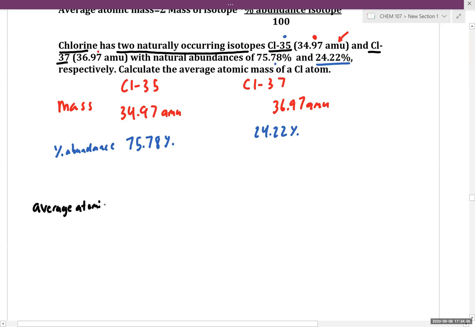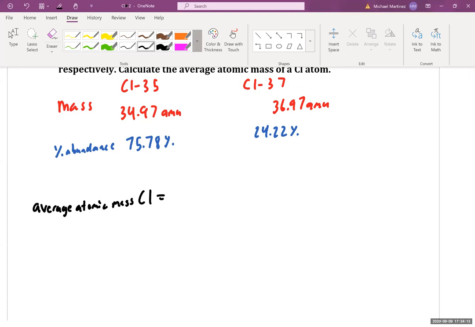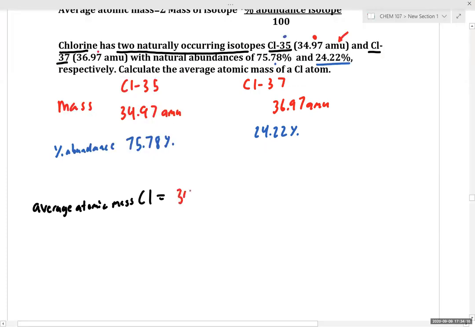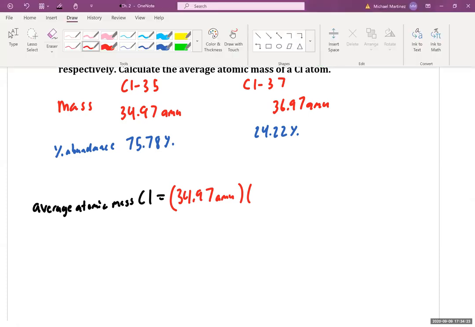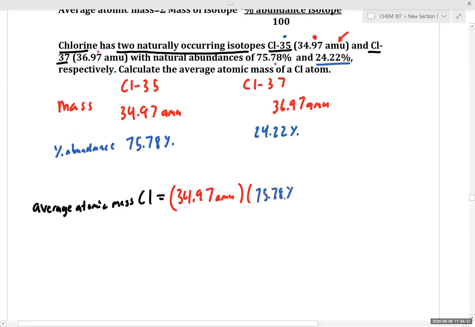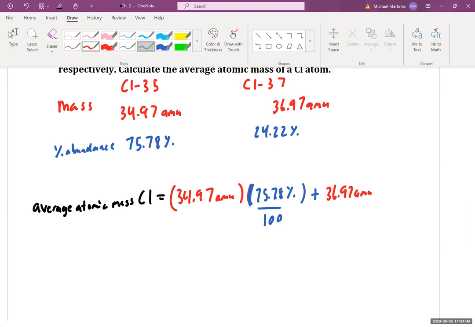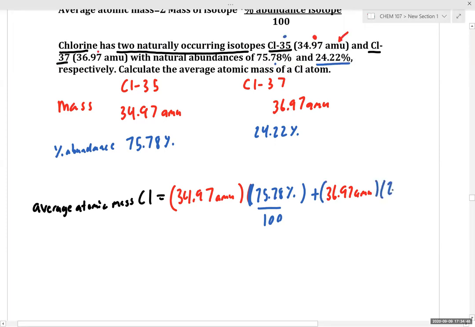So the average atomic mass of chlorine is equal to the mass of chlorine 35 times the percent abundance divided by 100%, plus the mass of chlorine 37 times the percent abundance of chlorine 37 over 100%.